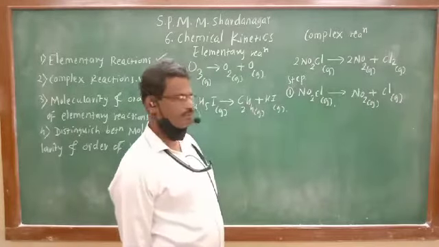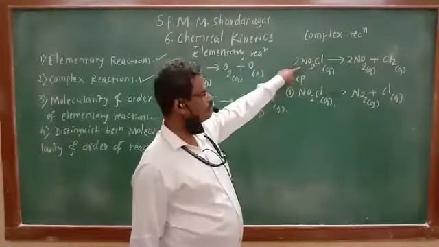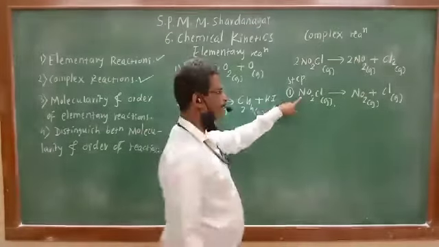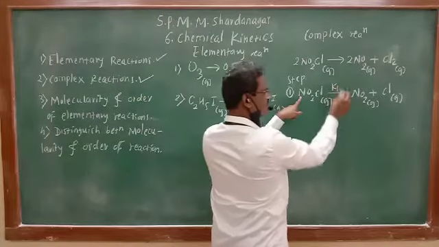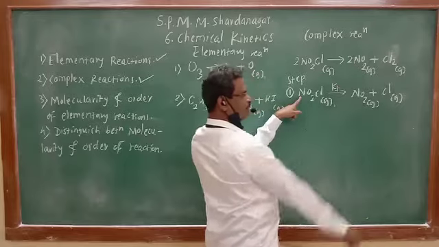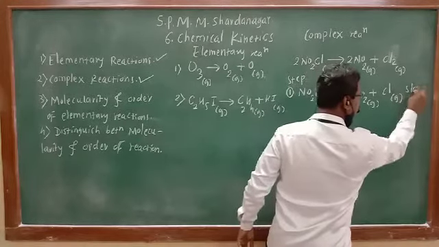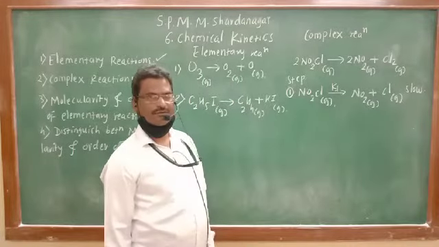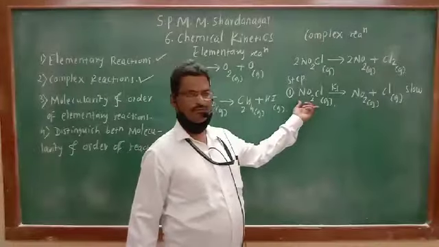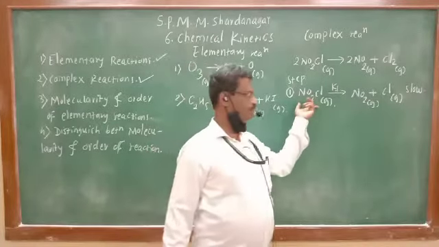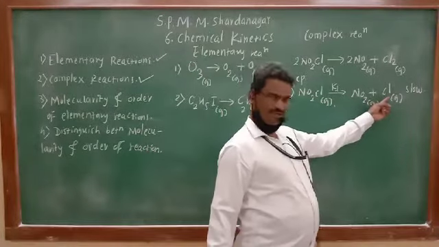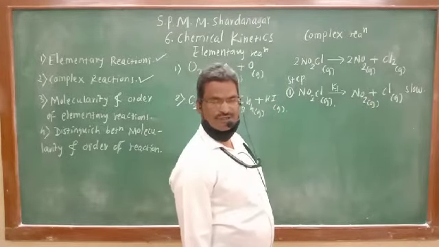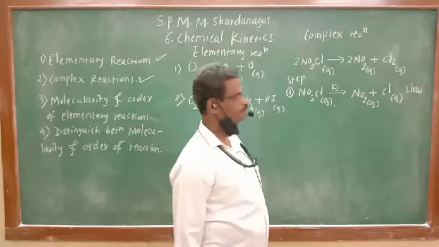So out of 2 molecules, 1 molecule is involved in the first step. And this step, where rate constant is K1, is a slow step. Breaking of NO2Cl to form NO2 and Cl is a slow process. This is a very slow reaction.